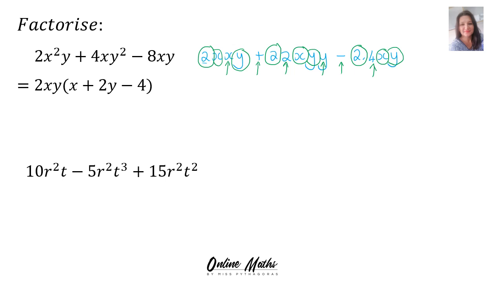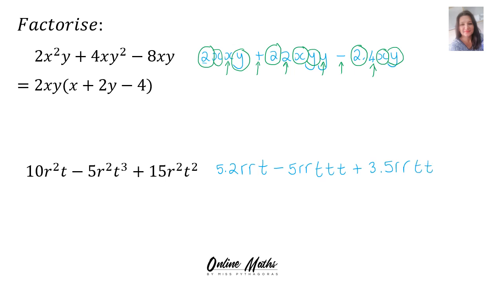Since there's 5, I'm going to write 10 as 5 times 2, and then r squared is r times r, times t, minus the second term, 5r squared is r times r, t cubed is t times t times t, plus 15 is the same as 3 times 5, r squared, there's 2 of them, t squared, there's 2 of them.